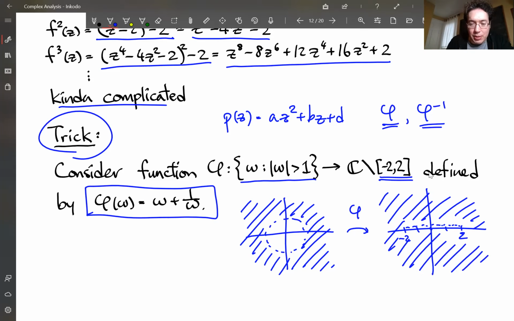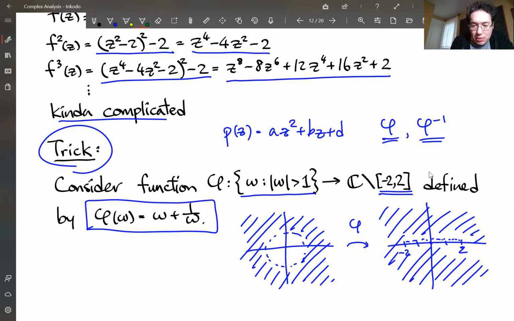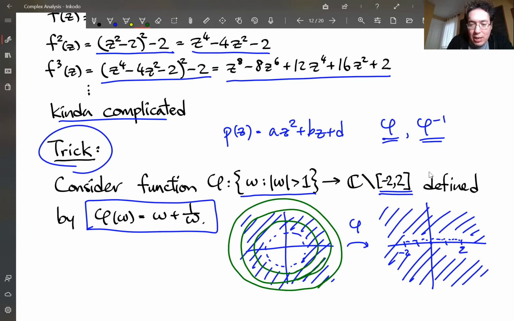So let's try to see this. I think the way to best see it is to not look at a particular point on the complex plane, but look at rings of numbers instead. So imagine we pick a radius that's larger than 1, and we're going to see what this maps to.